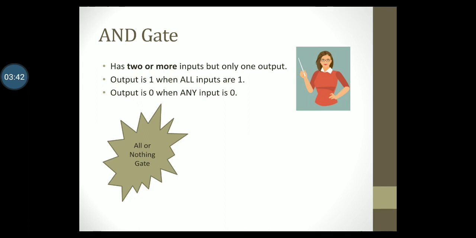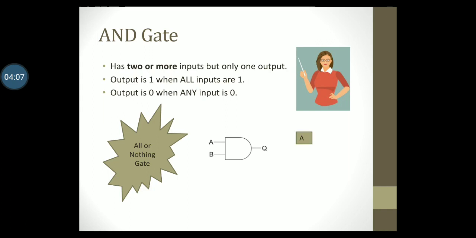If any of the inputs happens to be a 0, then the output is 0 too. Because of this, it is given the nickname all or nothing gate. The logic diagram for the AND gate looks like this. Let us now write the truth table for the AND gate.